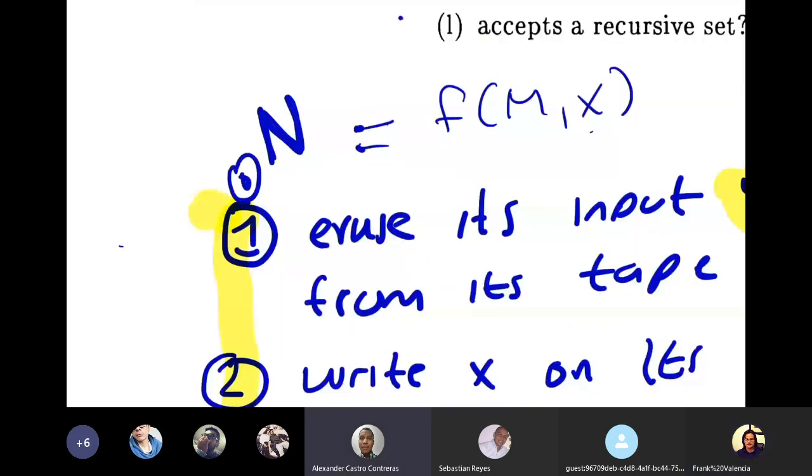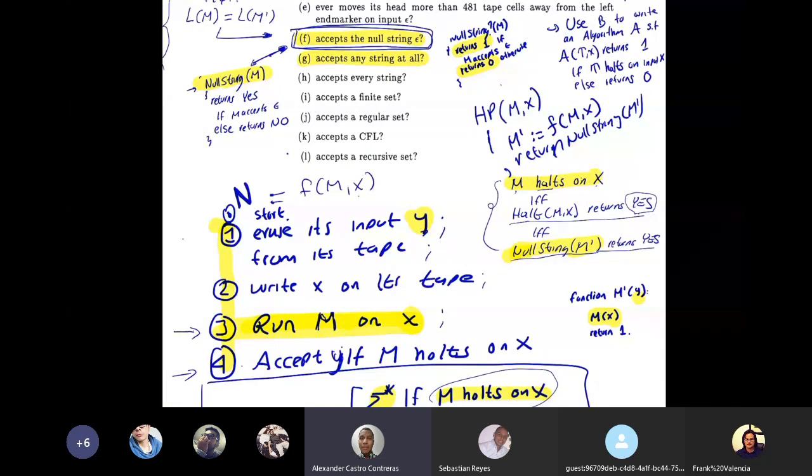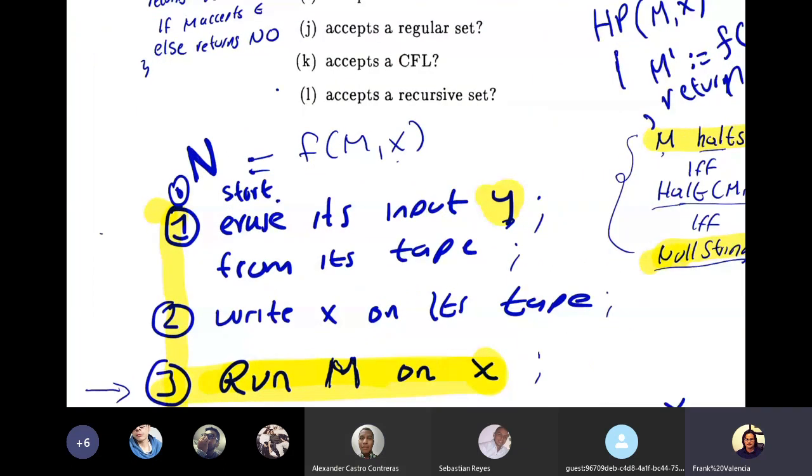Okay? But everybody is confused. In the case of N, the inputs are the machine M and the input X. I understand the idea is that we are replacing whatever input M has in its encoding in the language of zeros and ones, we replace it with X, and we run the machine M on X. No, I think what your confusion is, you think that because this machine is erasing the input Y from the tape, you are not accepting or rejecting Y. That's the mistake.